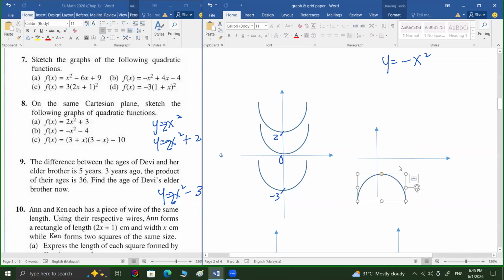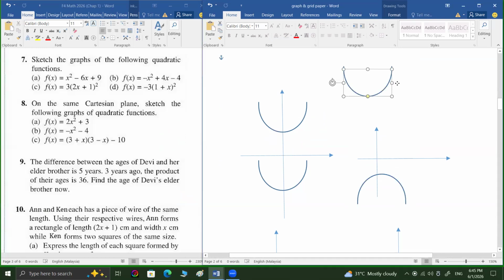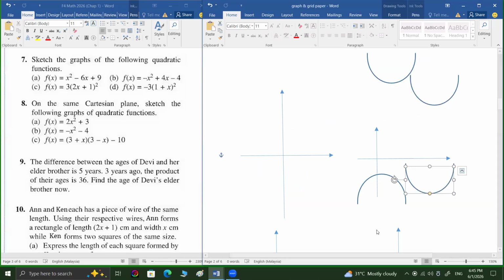Okay, now back to my question 8. And listen to me. See the pattern, whether it can be factorized or not. Like A, cannot be factorized one. Parabola positive, plus 3. So when you sketch, roughly, because it is sketching, plus 3, then 3 here, right?